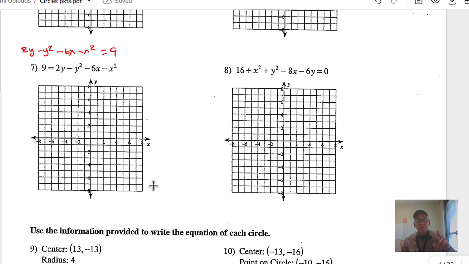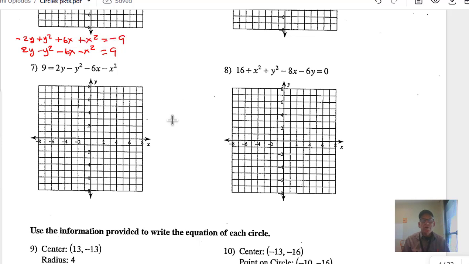So I just did a symmetric rotation type thing with that. But these things need to be positive, so I'm going to multiply everything by a negative 1. So now we have negative 2y plus y squared plus 6x plus x squared equals negative 9.